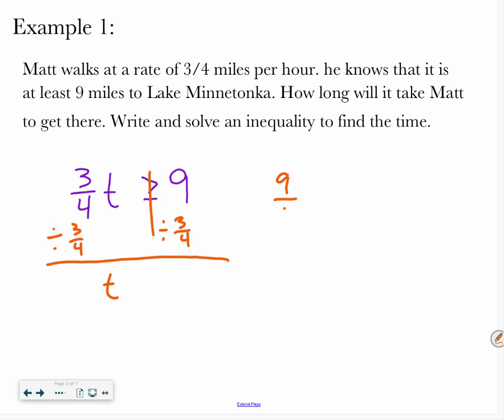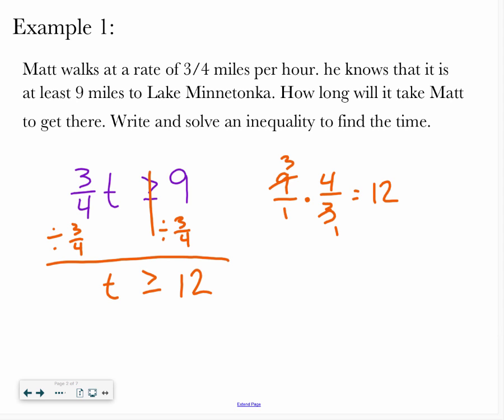So I have 9 over 1 times 4 over 3. If I do that, I can reduce on the diagonals, and I know my answer is 12 without having to use a calculator. So I know 12 is there, and I have greater than or equal to.